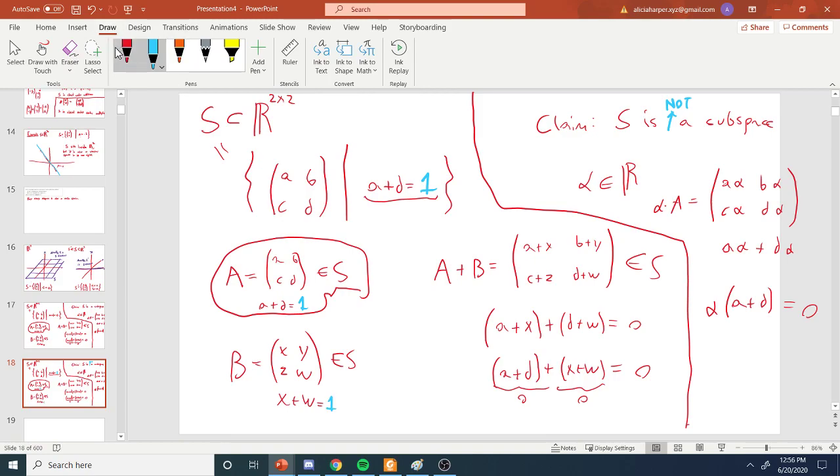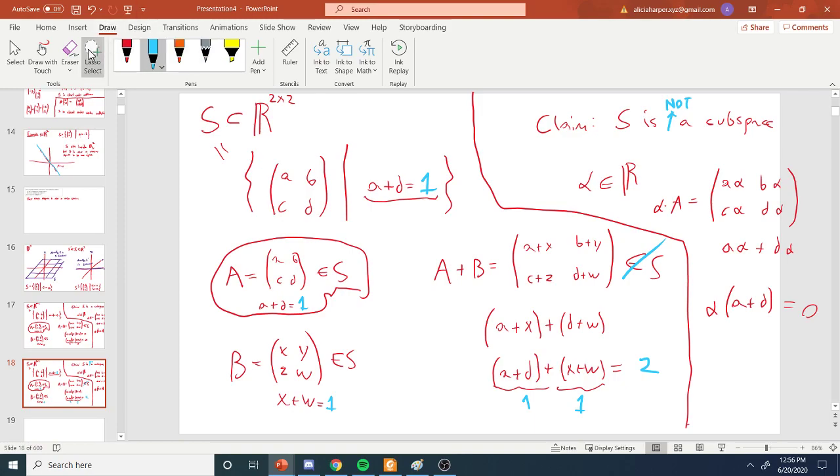But now look what happens when we add these 2 together. Well, this is 1, and this right here is now 1. And so their sum is 2. Which means that when you add A and B together, and these are both elements of S, the sum is not an element of S, so it's not closed under addition.